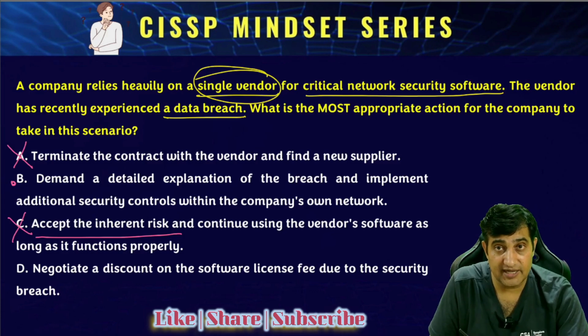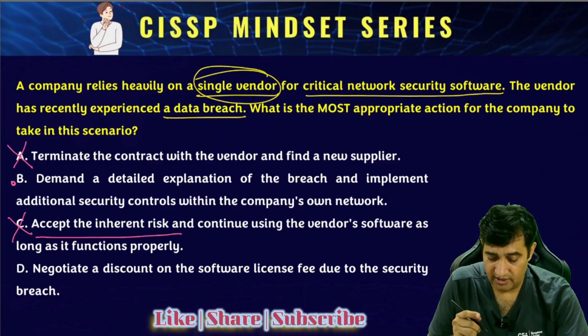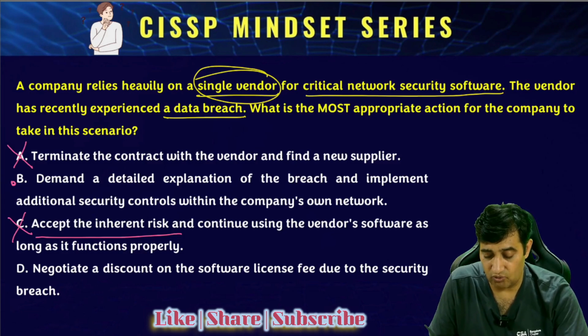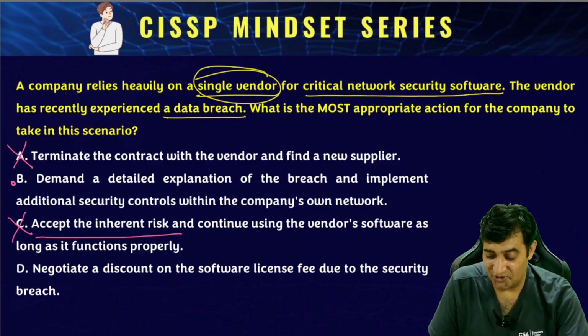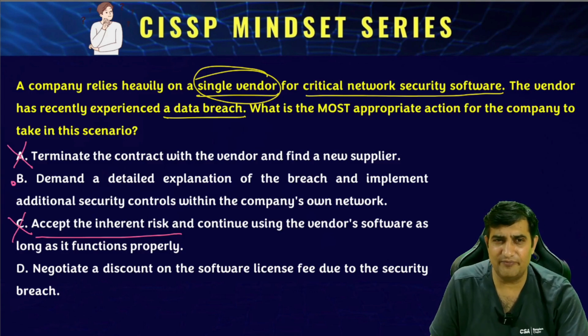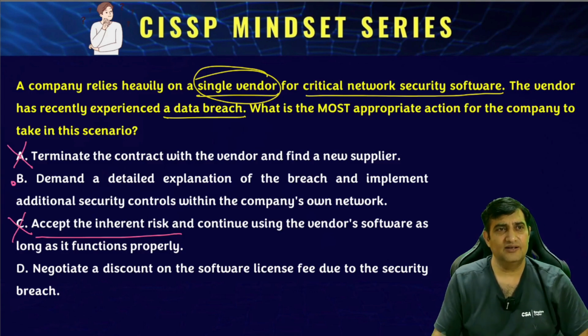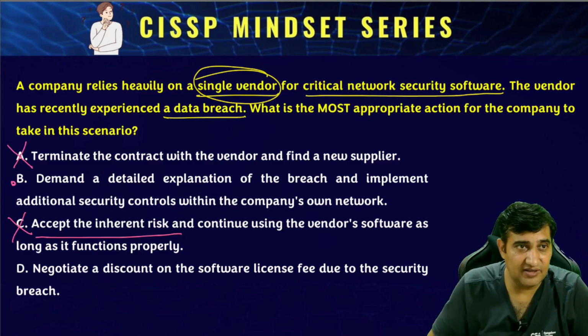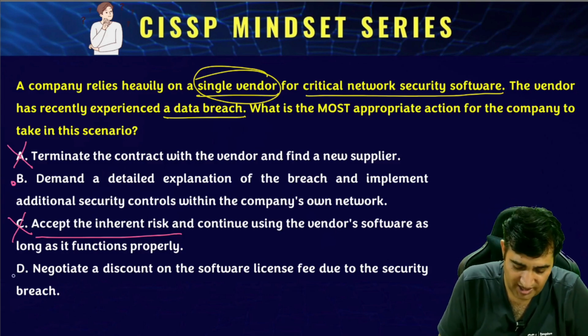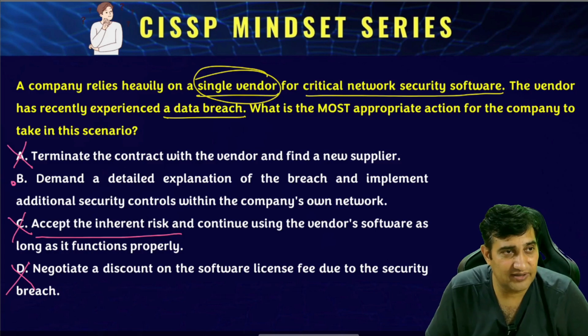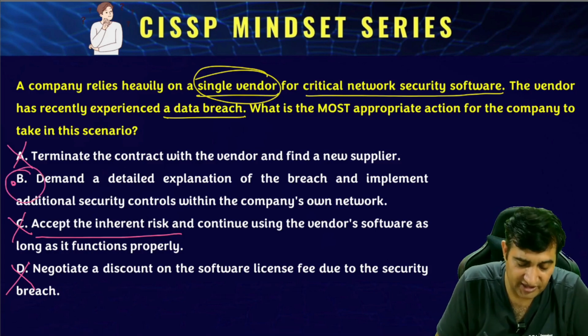Number 4 says negotiate a discount on the software license fee due to the security breach. A security breach is such a big thing that it cannot be compromised with some kind of negotiation. This gives a wrong sense altogether. So that is why B is the clear winner.